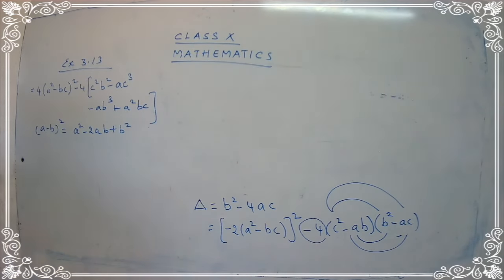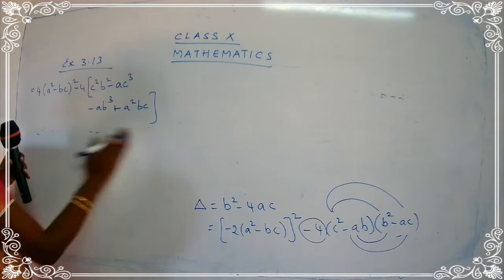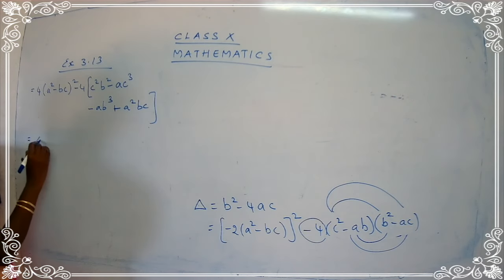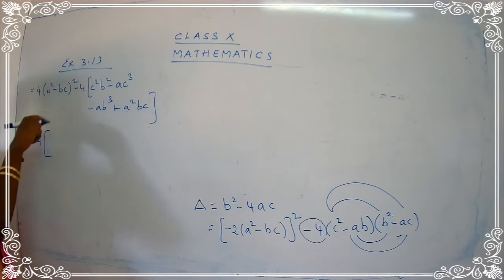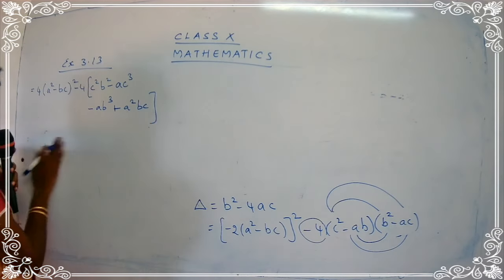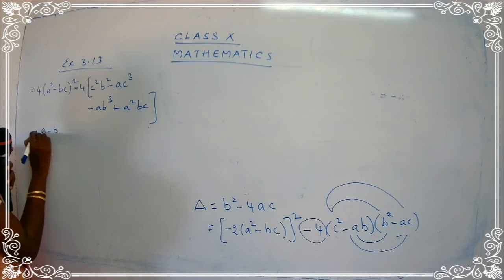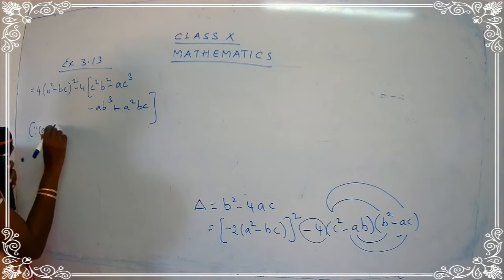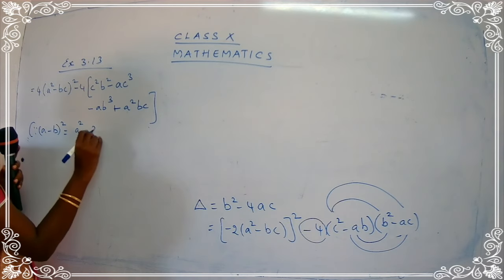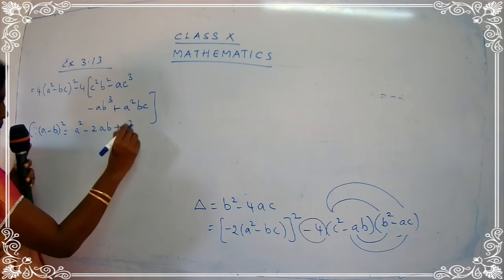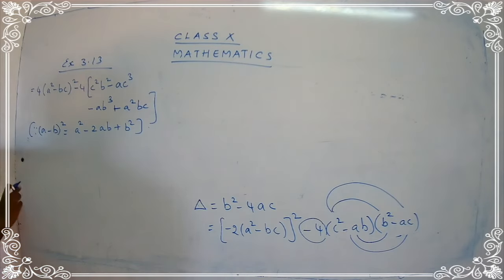Okay, so let's apply the formula for A minus B the whole square. So this is equal to 4. I'll just write down the formula here so it will be easy for you. A minus B the whole square is A square minus 2AB plus B square. Let me apply the formula.